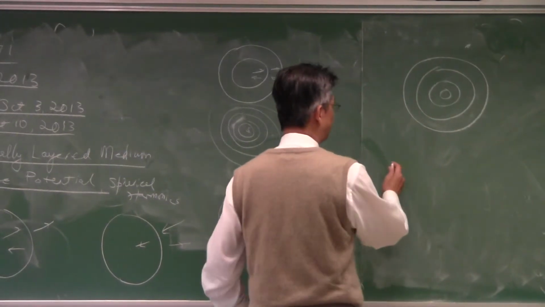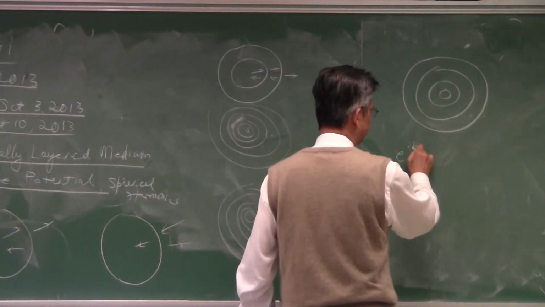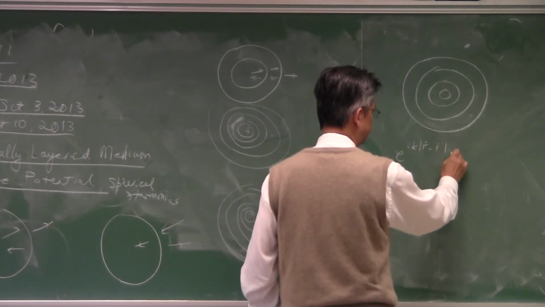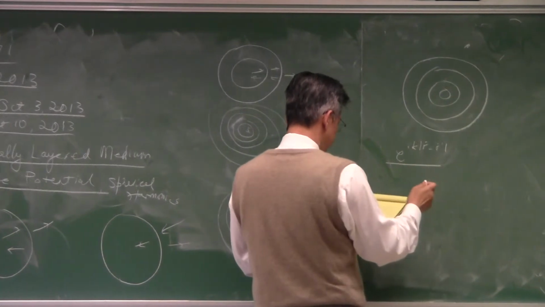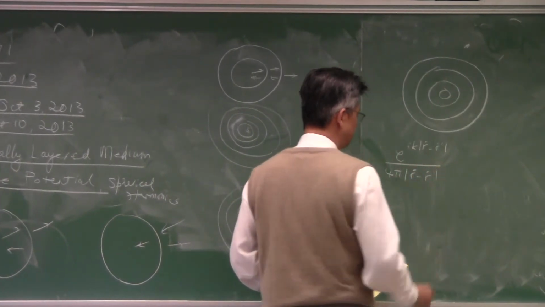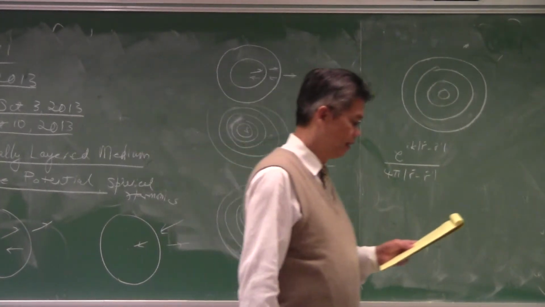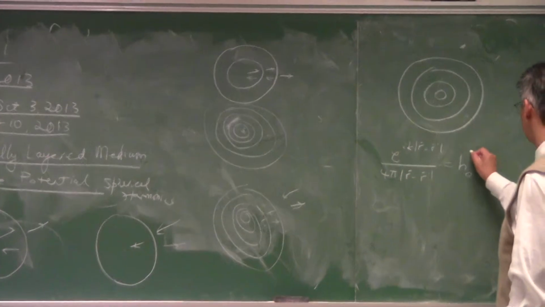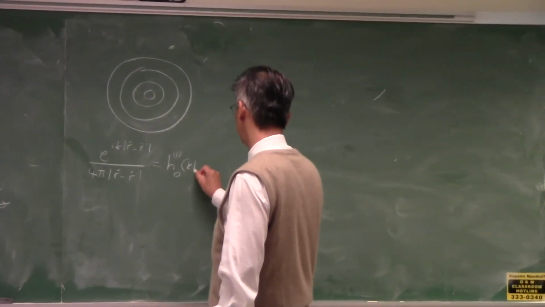Okay, so if you have a point source, it generates a spherical wave in this manner, which is the Green's function. And this turns out to be the spherical Hankel function of the first kind of the zeroth order.